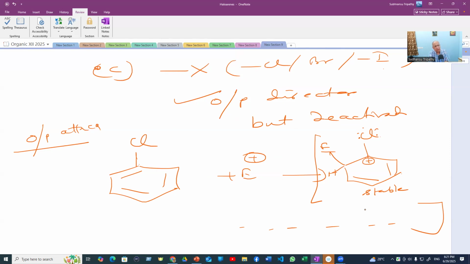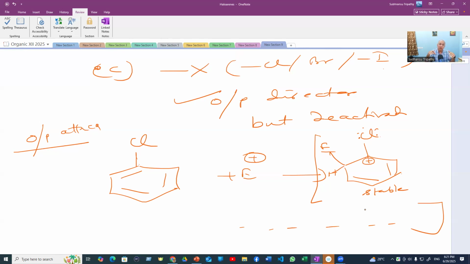In some literature you will find that for explaining ortho-para orientation, you use the +R effect. There is a lone pair, you just write the resonance structures, you will find minus delta in the ortho-para positions, hence it is an OP director. And for deactivation, why it slows down, you say it has a -I effect. I don't think this should be the explanation.